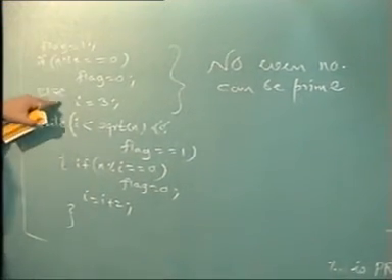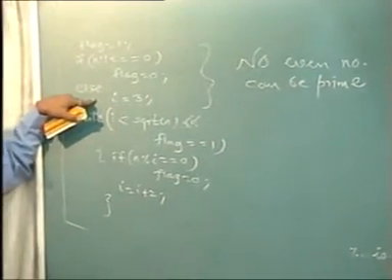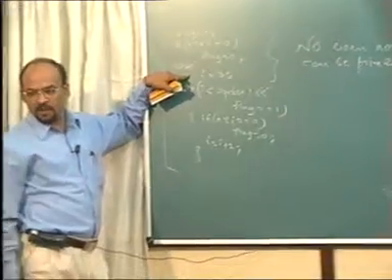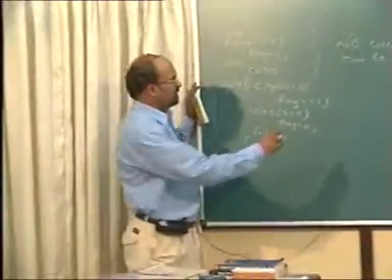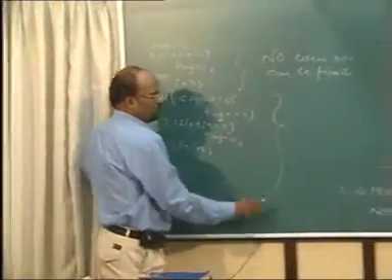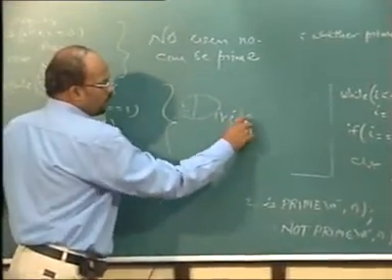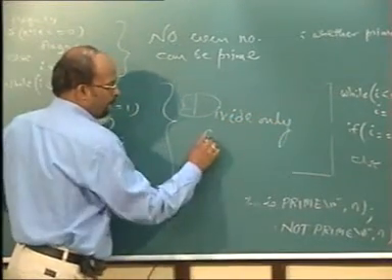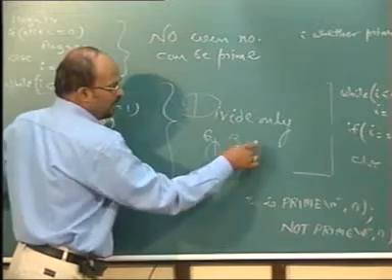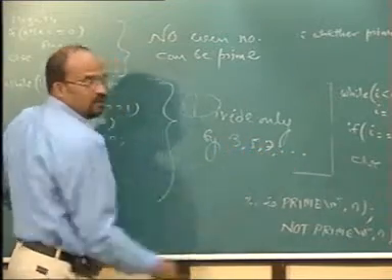That is the task we are doing here. Checking whether it is even. If it is even, it cannot be prime. And then we are saying here that divide only by 3, 5, 7, etc.